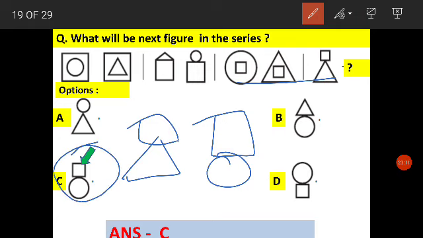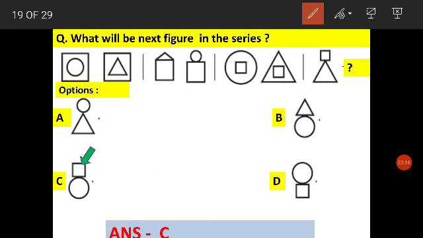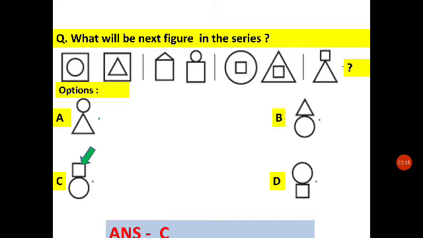So the best option is answer C. So these kinds of questions require very careful observation, and you have to decipher the hidden differences very carefully. Otherwise you can complete all the questions, but there is no point completing all the questions if most of them are wrong, although there is no negative marking.